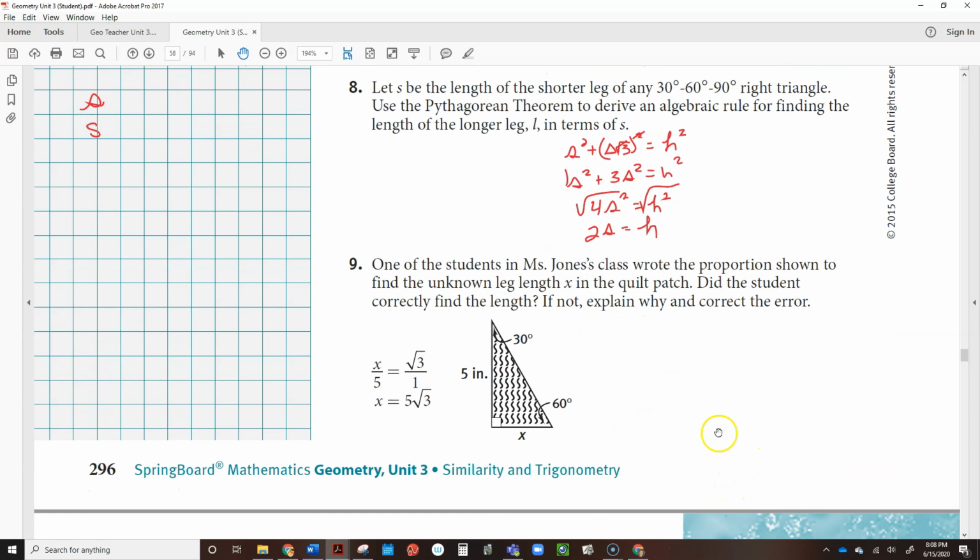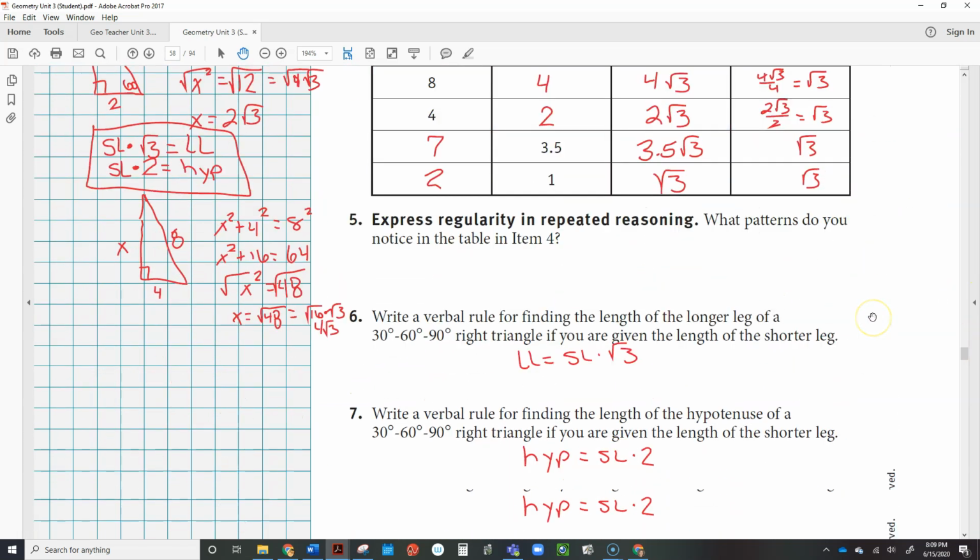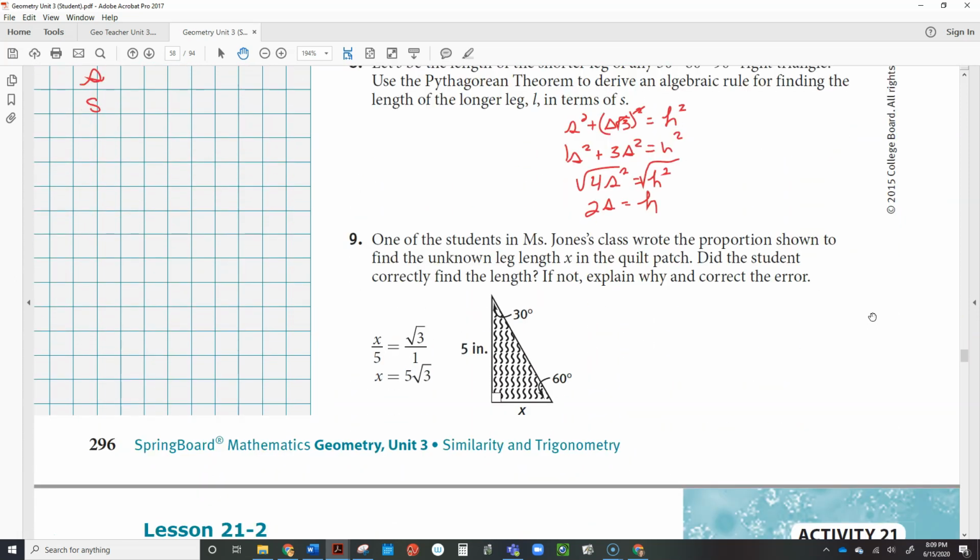One of the students in Miss Jones's class wrote the proportion to find the unknown leg. Did the student correctly find the length? Okay, I'm not going to look at theirs. I'm going to set theirs up first. Now, remember we said up here in the table, we did the long leg on top, the short leg on bottom, and that's supposed to equal the square root of 3.